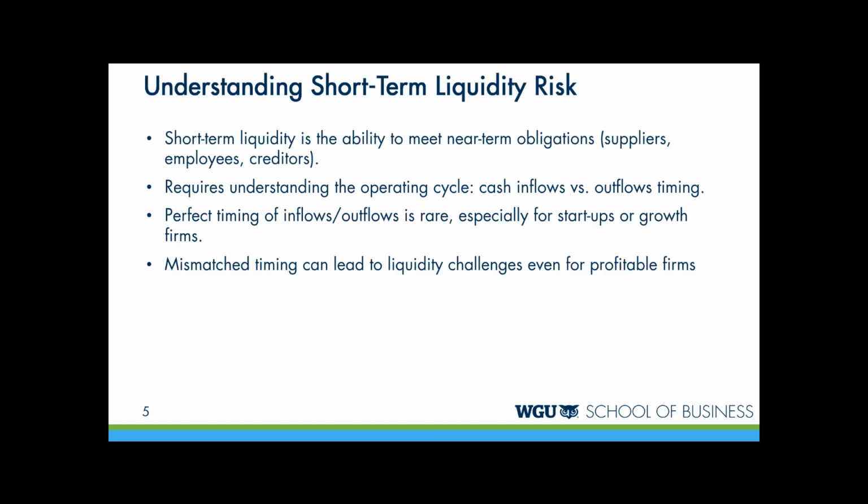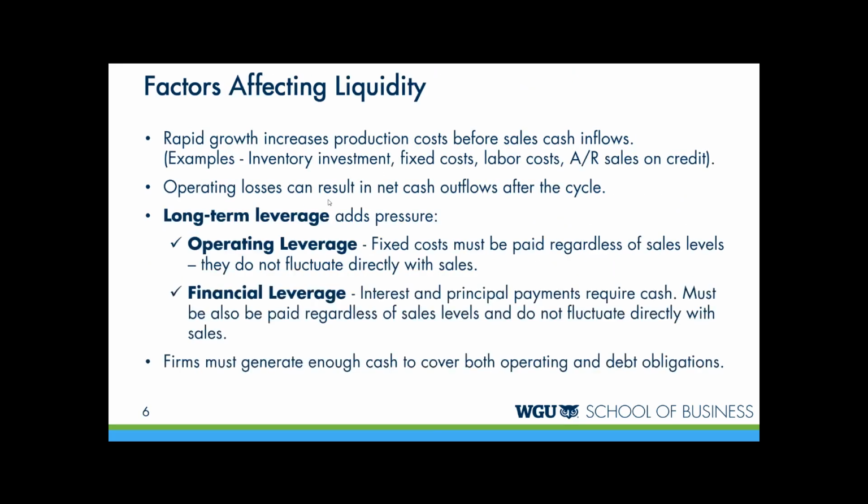When we have a mismatch in the timing of our cash inflows and cash outflows, that can lead to liquidity challenges, even for profitable firms. Some of the factors that are going to affect liquidity are rapid growth, where it increases our production costs before we get our sales cash inflows.